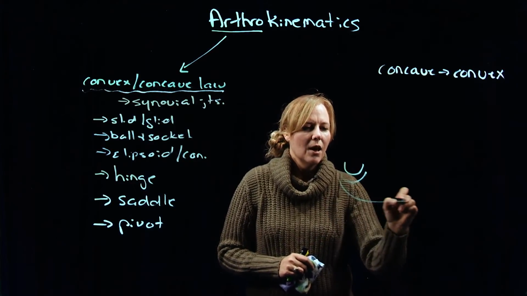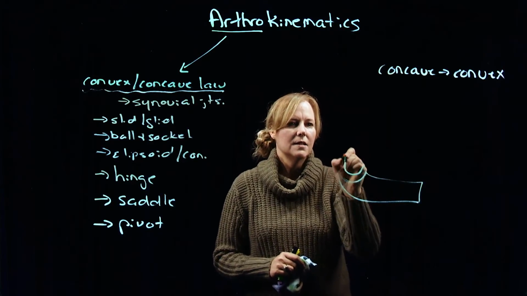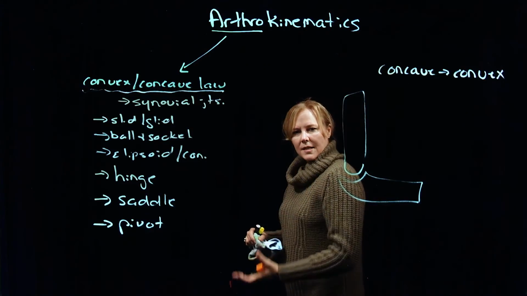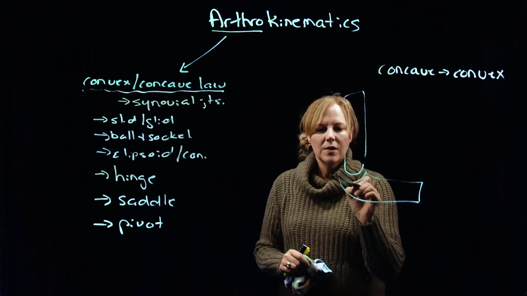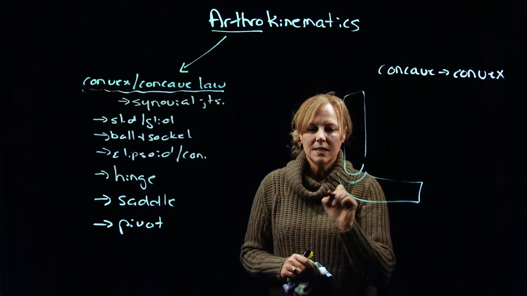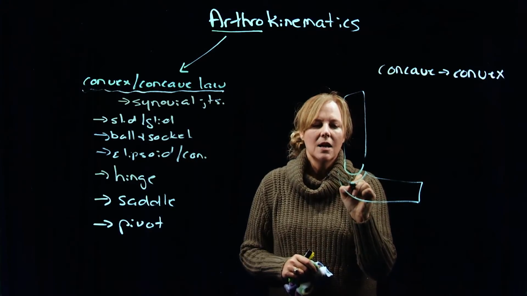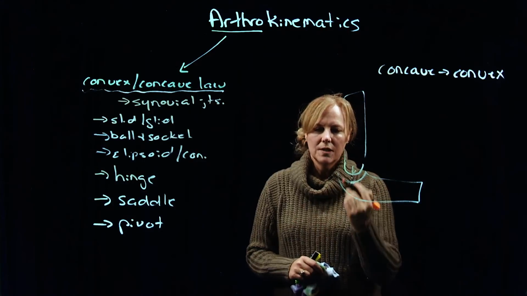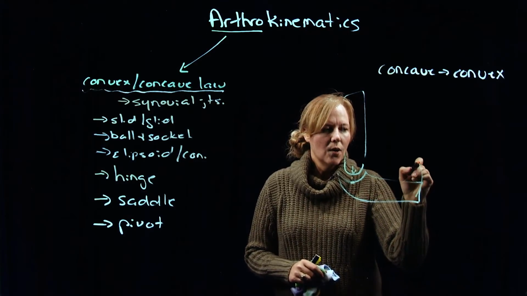So this is the elbow right here, and this is your humerus right there. So if I'm going up and down like that, we know that the concave, because we're sitting inside, this is the concavity, the concave surface is moving on the convex surface, the surface that protrudes in. So this is going to go up like that.